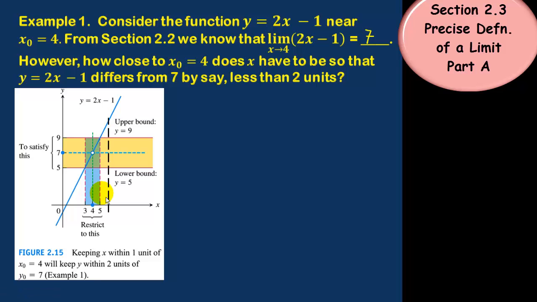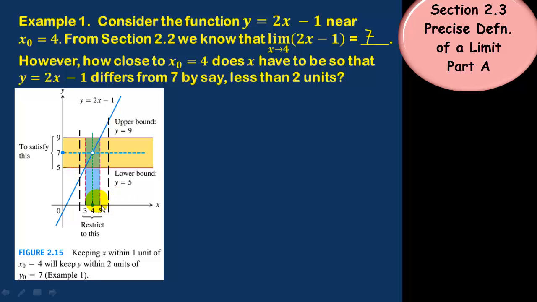Now what happens if we move too far away from 4, like more than 1 unit? If we move away from x₀ equal to 4 by more than 1 unit, notice what happens. Let us look at a particular x. If I get this x right here, where's the value of y?